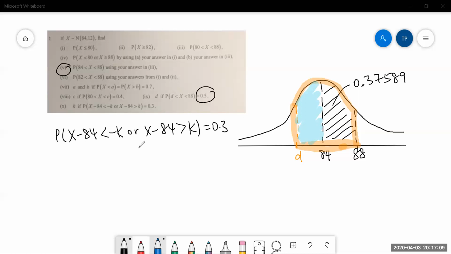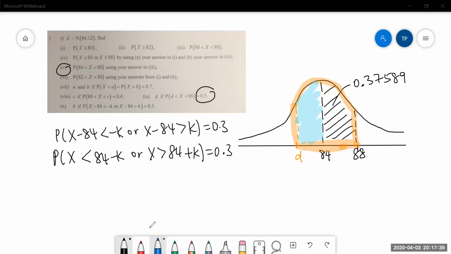Okay, so if you want to put things in perspective, we can bring 84 over, so X lesser than 84 minus K, or X greater than 84 plus K, is equal to 0.3.